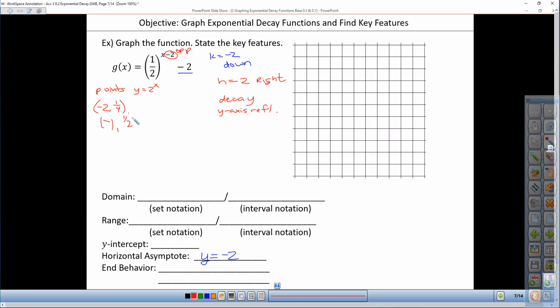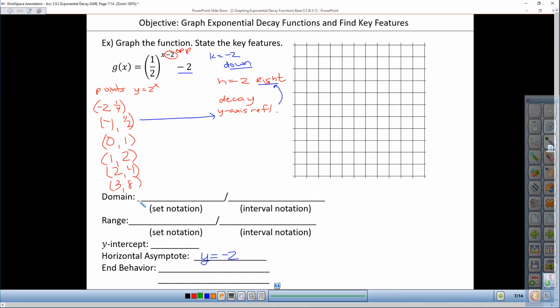So continuing with our key points from 2 to the x, our growth function, what I'm going to do with each of those is a y-axis reflection, and then I'll do my translations right and down.